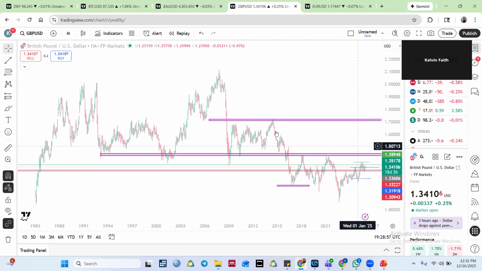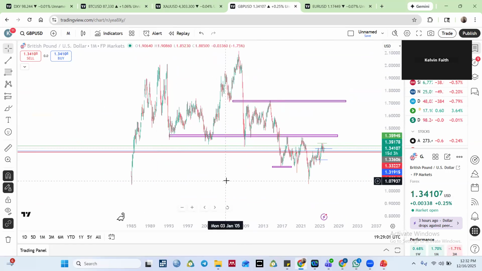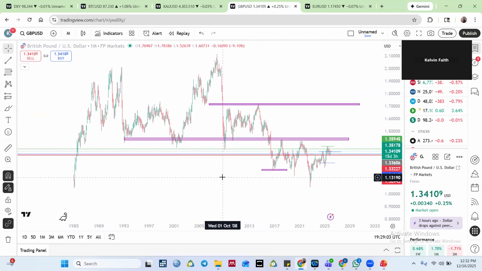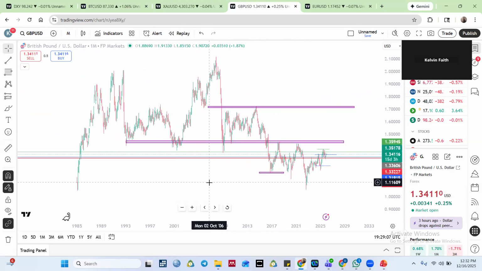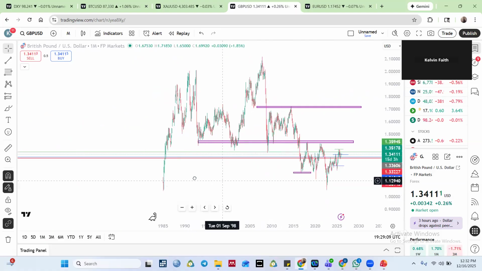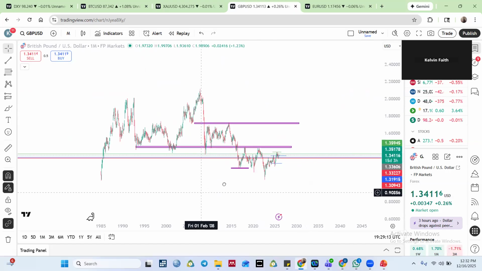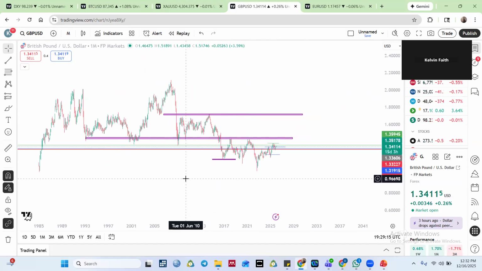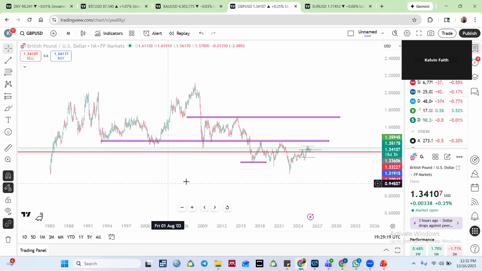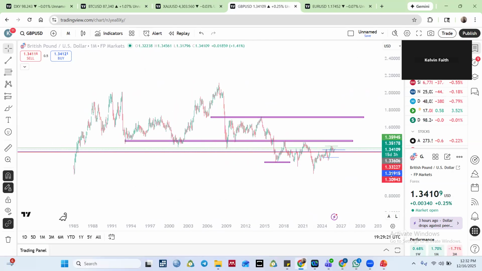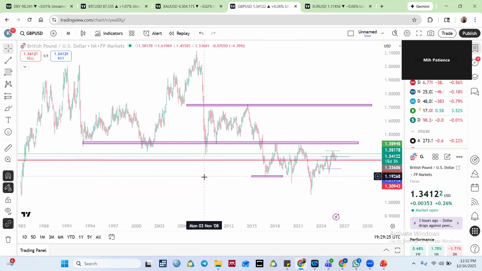Now, step one should tell us that we need to establish who is in domination on this chart. If you look at the chart closely, who do you think is in domination? The seller.